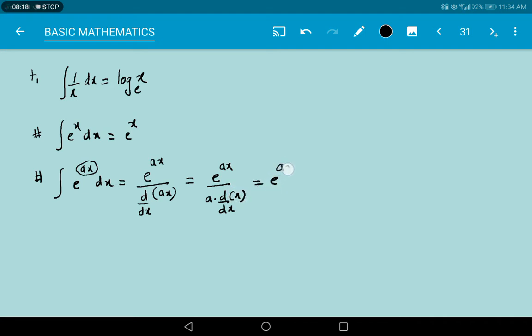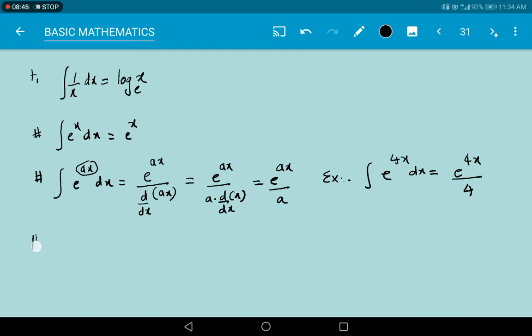So e to the power of ax by a. For example, integration e to the power of 4x dx: simply we get e to the power of 4x by the constant value. So this is the way of finding the integration for e power x.